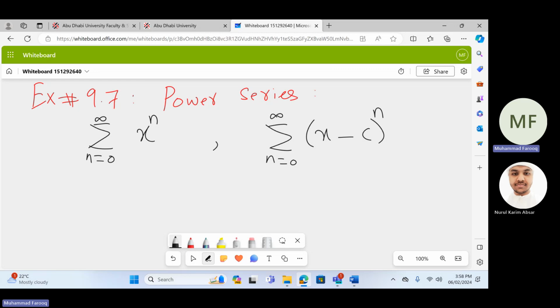I have given two, and both of them are power series because here you can observe x, and here you can observe x. But how do you differentiate between this one and that one? What is the difference between this power series and that power series?